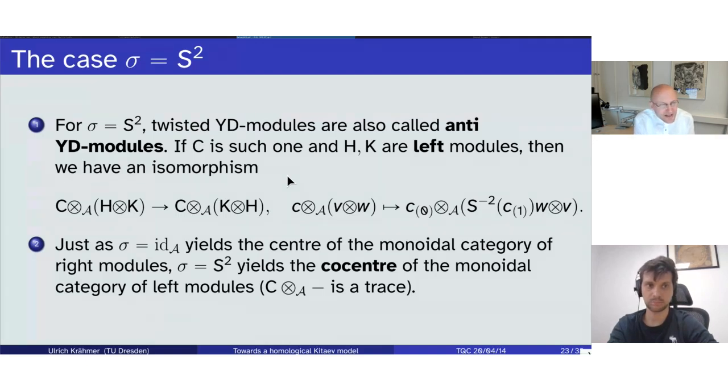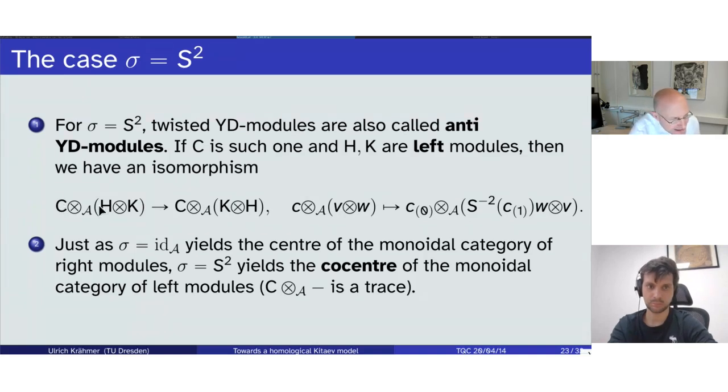And if you give me such an anti-Jeter-Greenfeld module, then I can get a tracial functor on the category of left modules over A. So the category of left modules over my Hopf algebra is also a monoidal category. And I can take a left module and I can tensor over A with that right module C, with that twisted Jeter-Greenfeld module, well, the anti-Jeter-Greenfeld module.